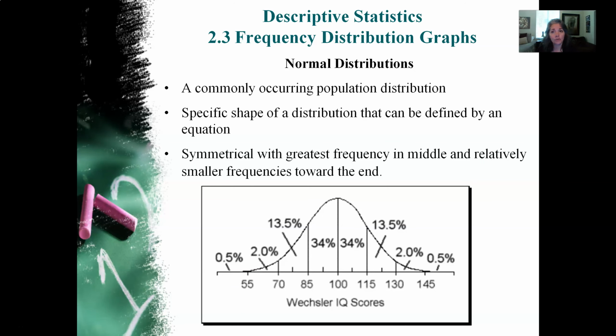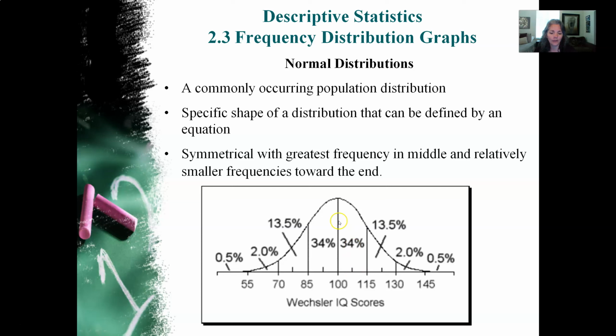A normal distribution is a very special kind of distribution. It's going to be foundational for the work that we do in inferential statistics, but it's very, very specific. It means it is precise. So when we use the word normal distribution, it is a perfectly symmetrical distribution. The mean, median, and mode all are in the middle.